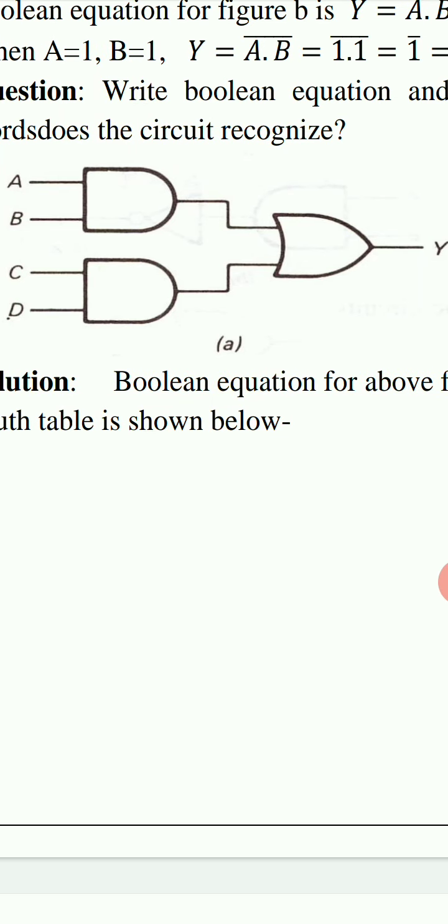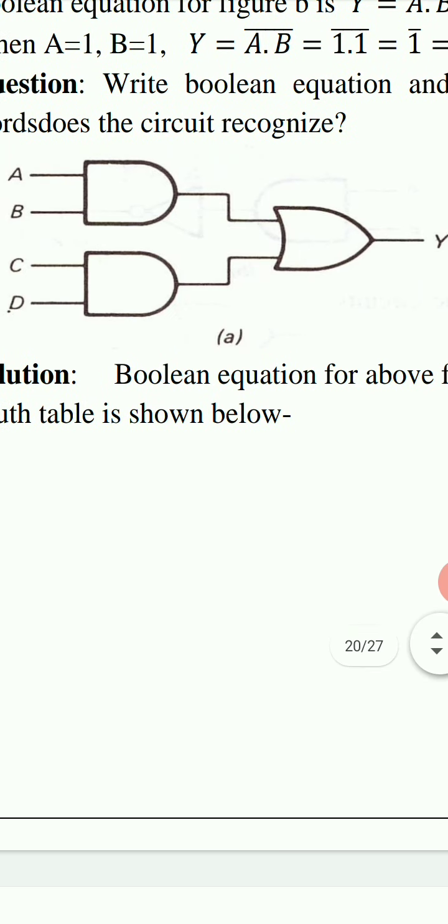A, B are the two inputs for the upper AND gate and C, D are the two inputs for the lower AND gate. Outputs from these two AND gates will be A dot B and C dot D respectively.